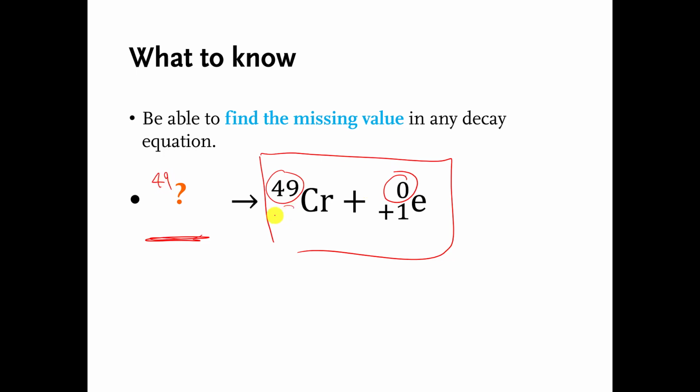And then you would figure out the bottom number for chromium. I think that's a 24. And you'd add up the bottom numbers. 24 plus positive 1, that's 25. So this is 25. You look up who's got 25 positive charges. You say, oh yeah, that's my friend manganese. So there's the completed decay equation.